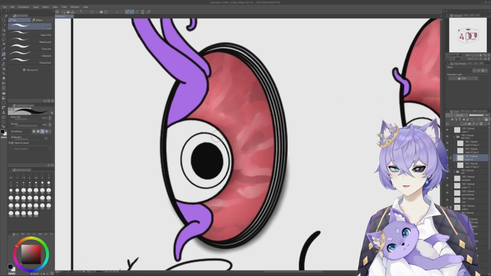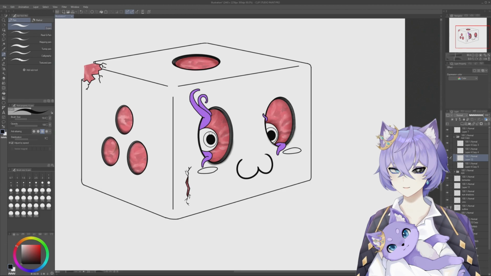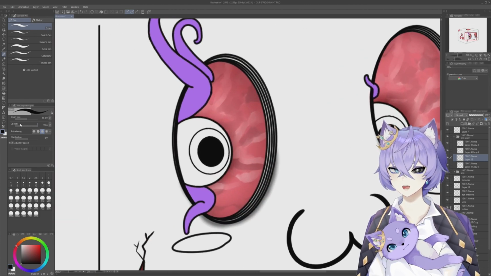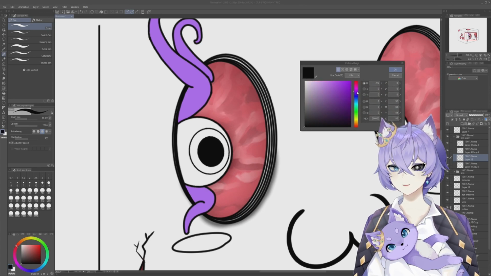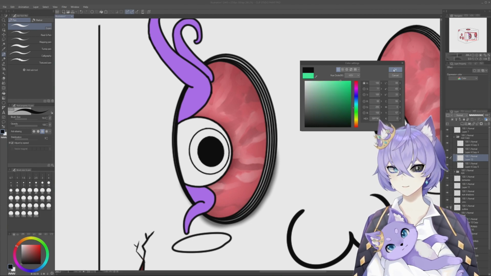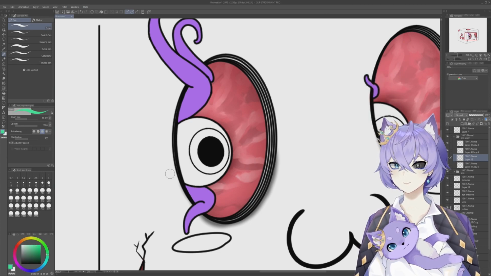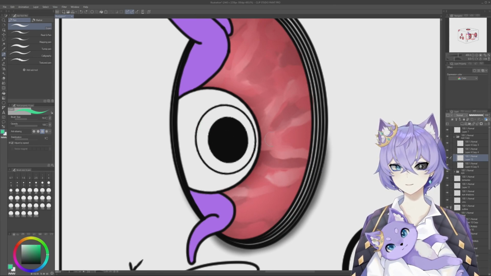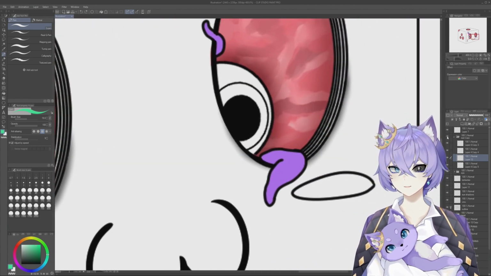All right, so let's lay down some color. I'm thinking, because they already have the purple tentacles, purple's too close to red, so maybe a green, like a nice aquamarine green. Wait, what layer is this on?